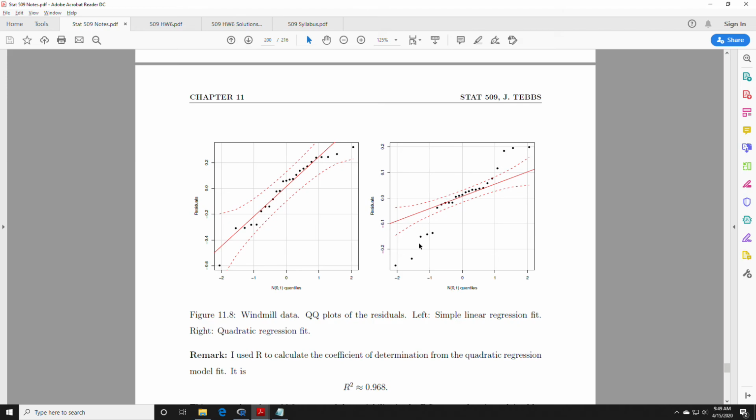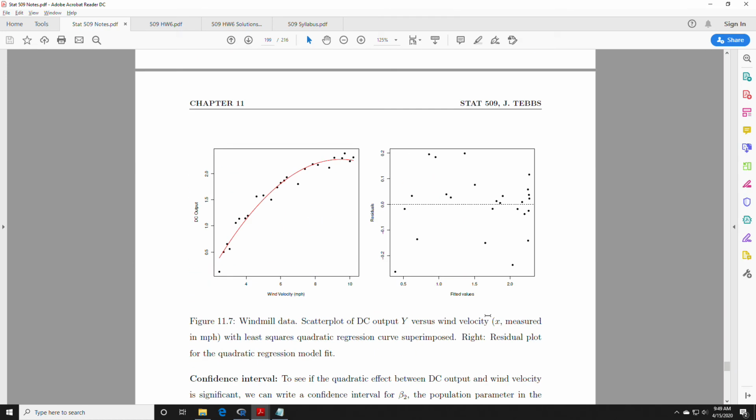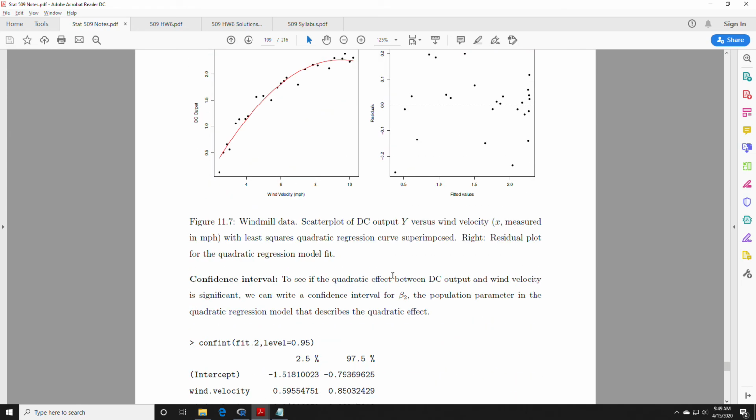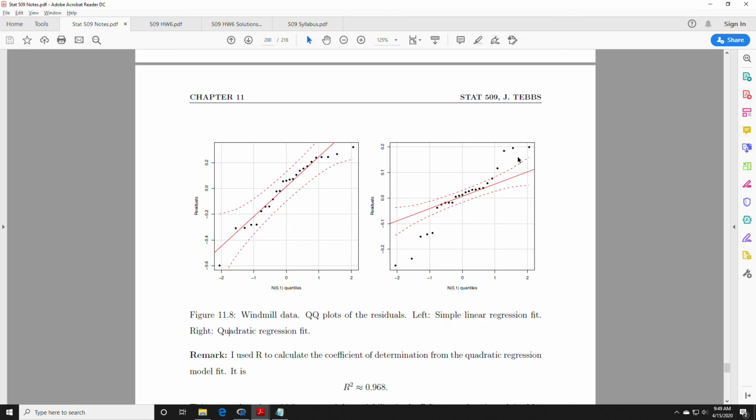So if we just looked at the residual plot, everything is perfect. Unfortunately, when we made this correction, we actually impacted the normality of the residuals in this case, right? These are clearly just absolutely horrible. And so sometimes you might just be left with the choice of which assumption is worse.